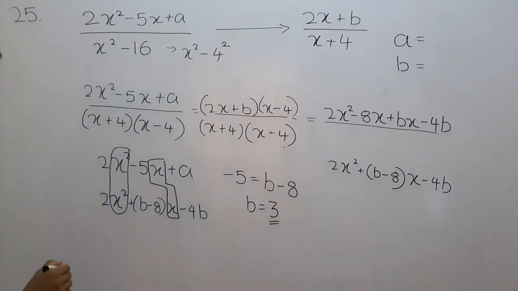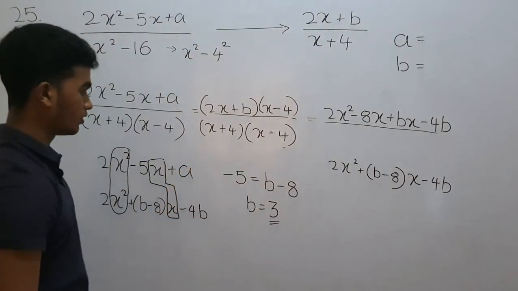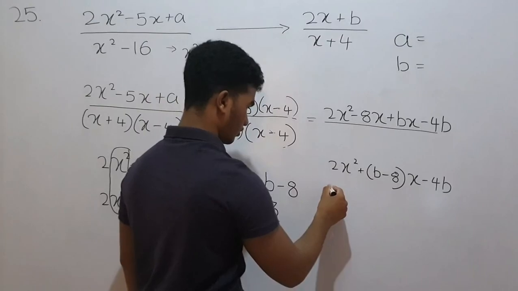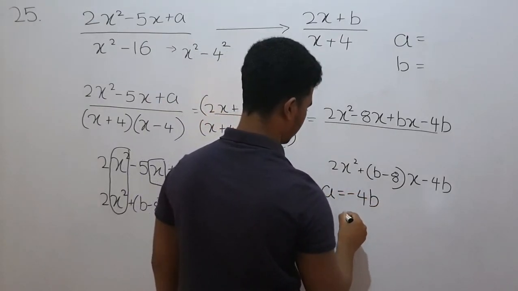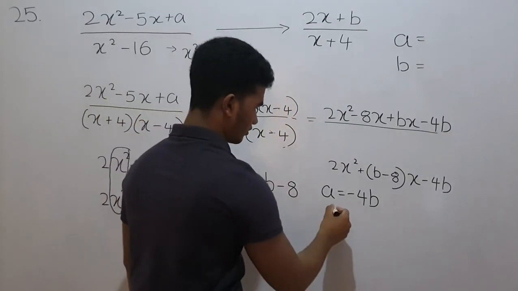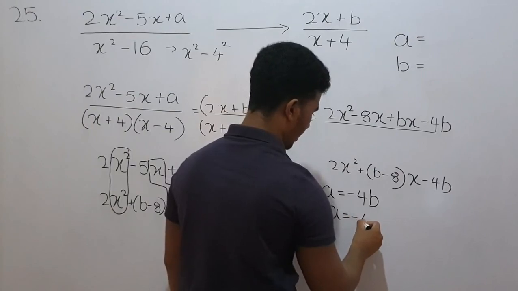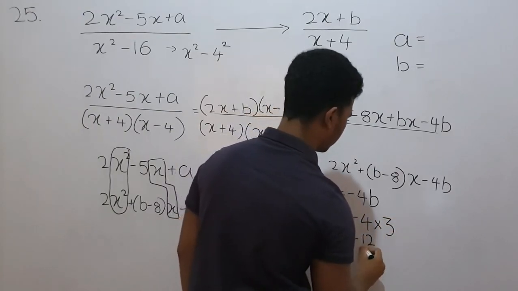Then you can equate the term with no x, that is a and minus 4b. So a is equal to minus 4b. We know the value of b as 3. So a is equal to minus 4 into 3, that is minus 12.